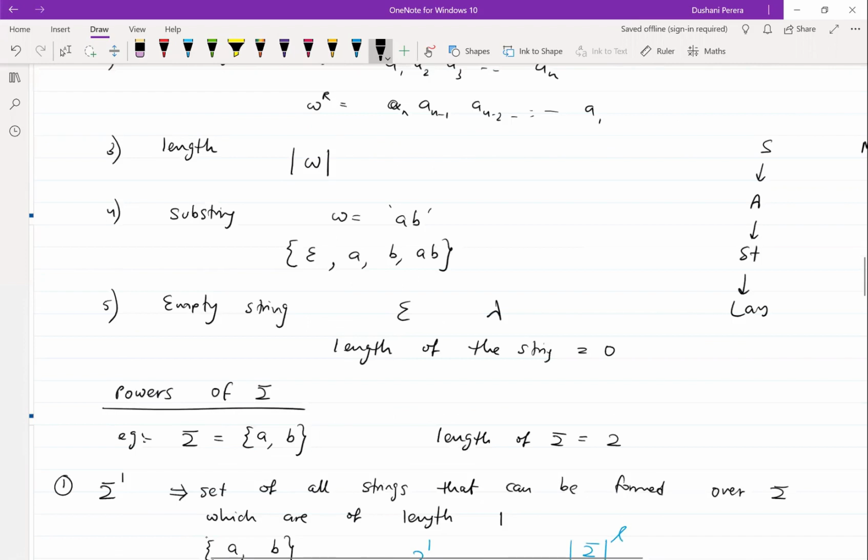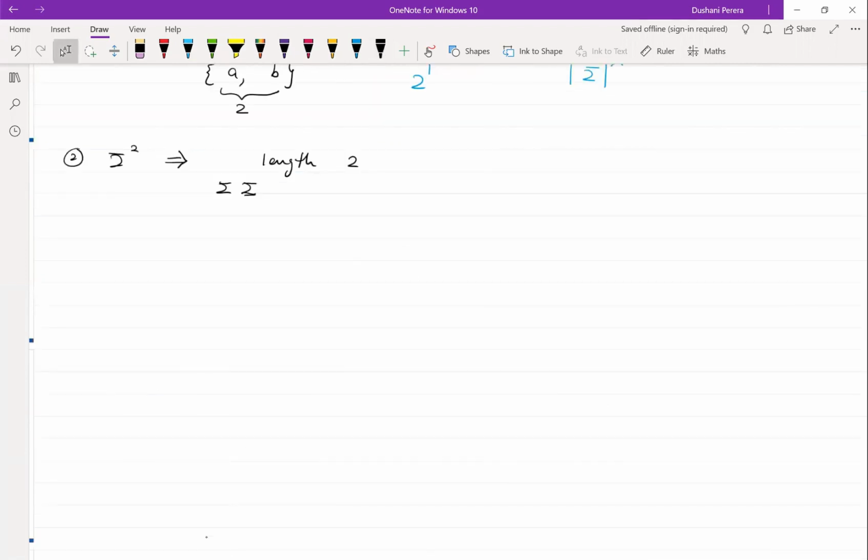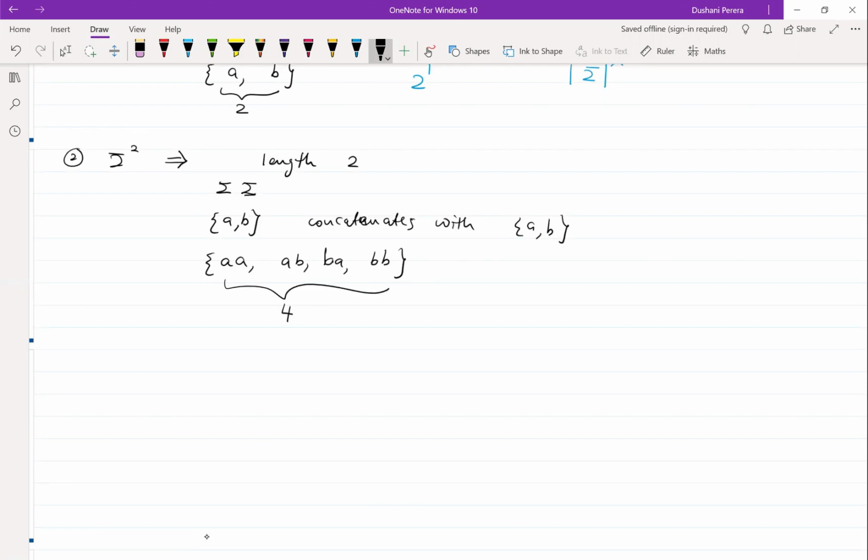So A, B gets concatenated with A, B. The answers we get are AA, AB, BA, BB. So here we have 4 strings, which is 2 to the power of 2.